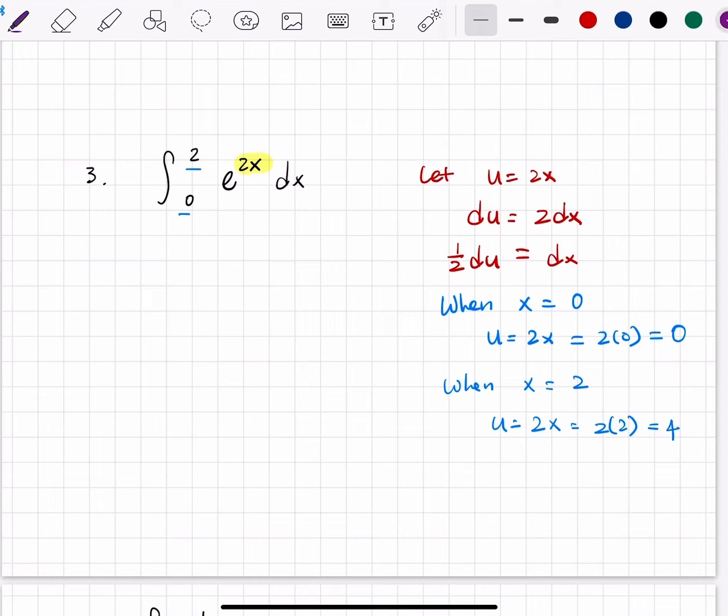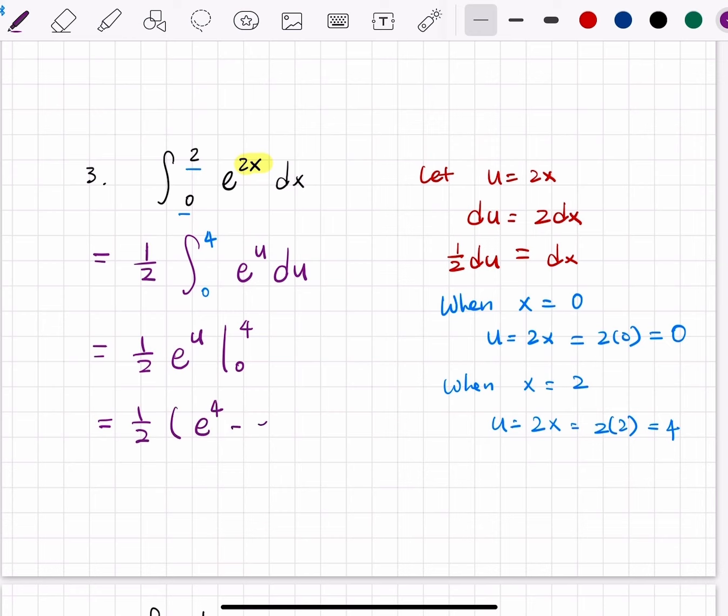So putting everything together, we have 1/2 the integral from 0 to 4 of e to the u du. Now the integral of e to the u is just e to the u, evaluated from 0 to 4, which is 1/2 times e to the 4 minus e to the 0. e to the 0 is going to be 1.